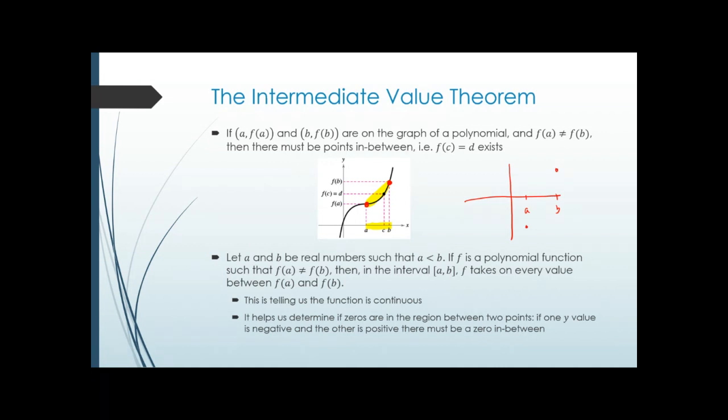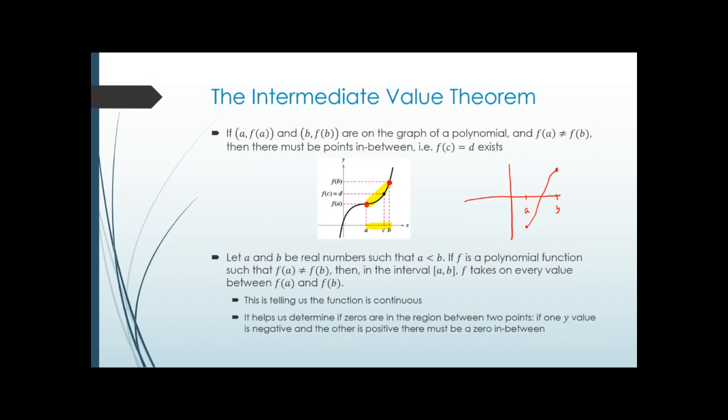The intermediate value theorem says that these must be connected in some way. And the only way to connect something negative and positive is to go through zero. So the intermediate value theorem says there has to be a zero in between, because otherwise there's no other way to connect them. That's a corollary of the intermediate value theorem, related to zeros.